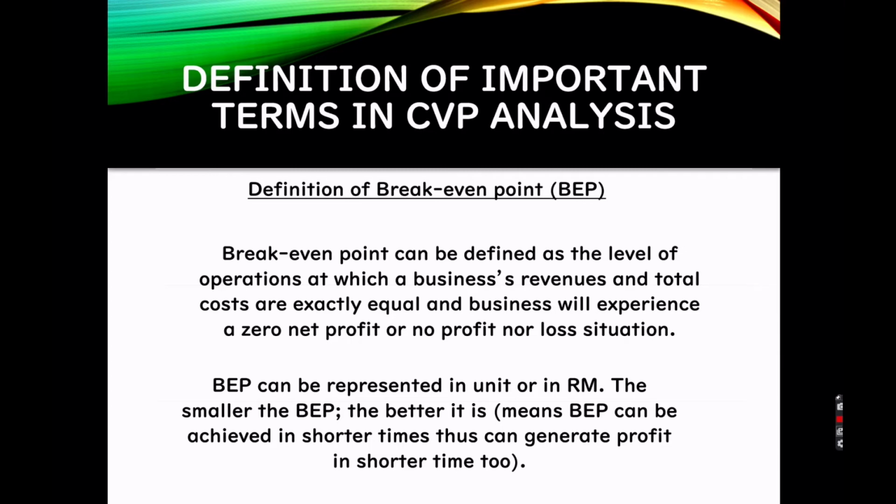BEP can be represented in units or in ringgit Malaysia. The smaller the BEP, the better it is. It means BEP can be achieved in shorter time, thus can generate profit in shorter time too.